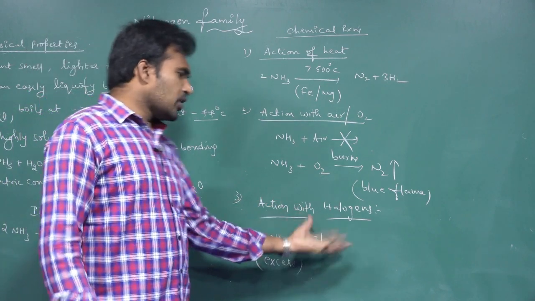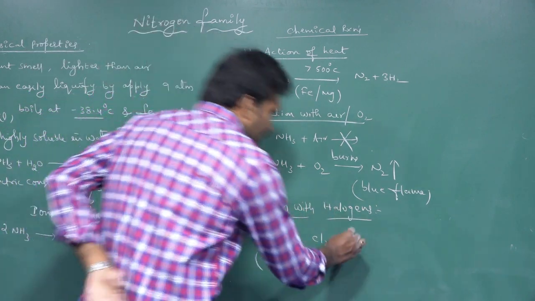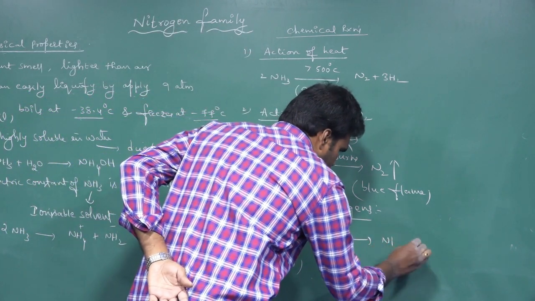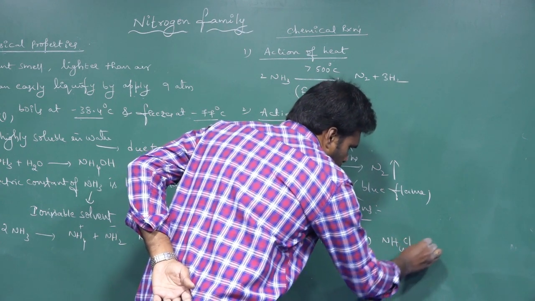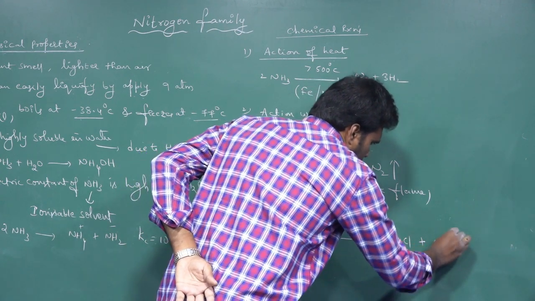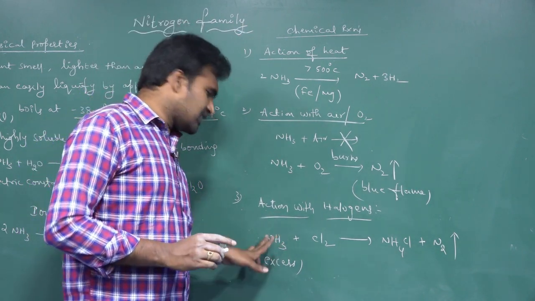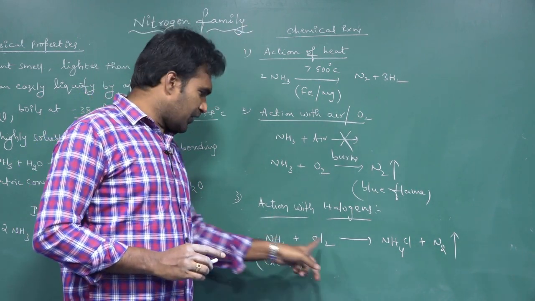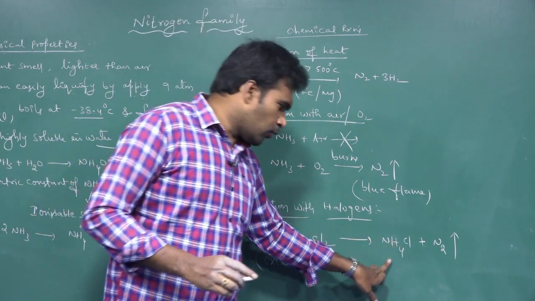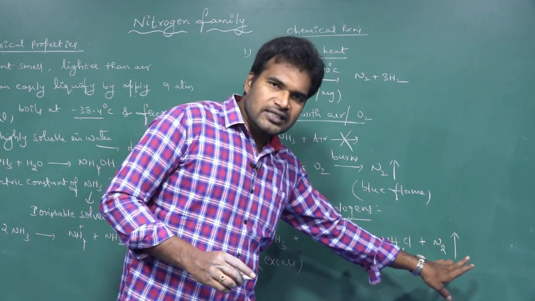When excess ammonia reacts with chlorine, we get the products NH4Cl by the liberation of nitrogen gas. Remember that. When you take excess amounts of ammonia and treat with chlorine, we get ammonium chloride and nitrogen gas will liberate.